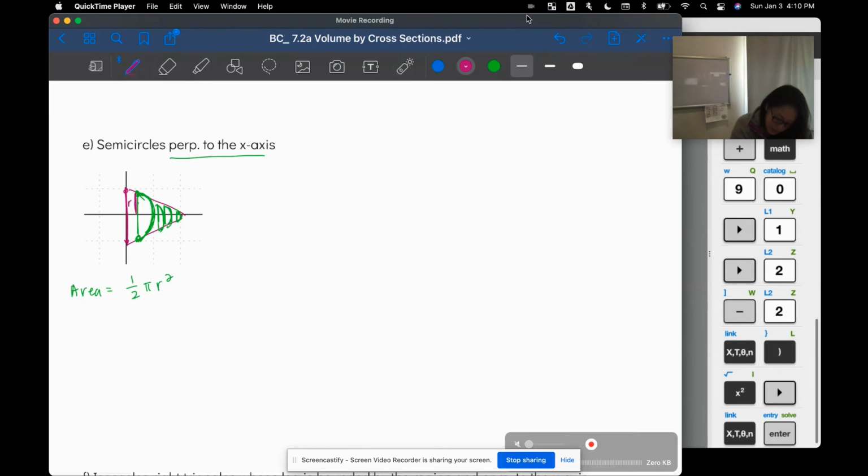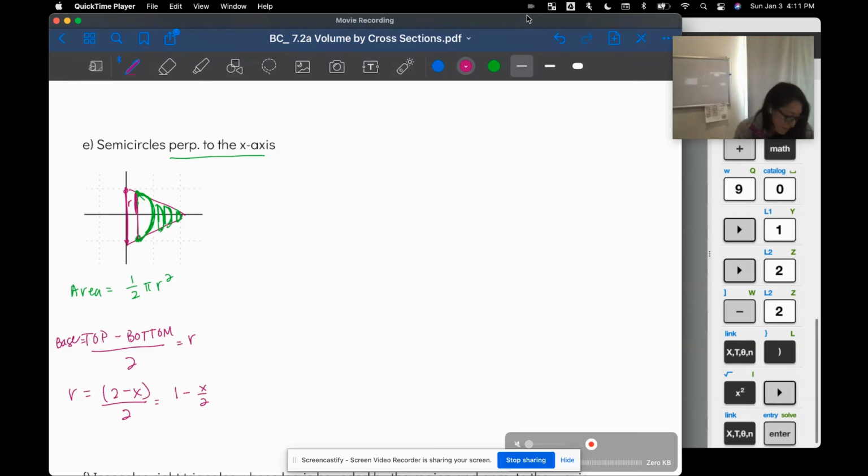So I am going to take the top curve minus the bottom curve. There are a lot of different ways you can do this, but the base is equal to the top curve minus the bottom. Because that gives you the diameter, I'm going to divide it by 2 to give us the radius. So r is equal to 2 minus x, because we've done that before, divided by 2. So that would be 1 minus x over 2.